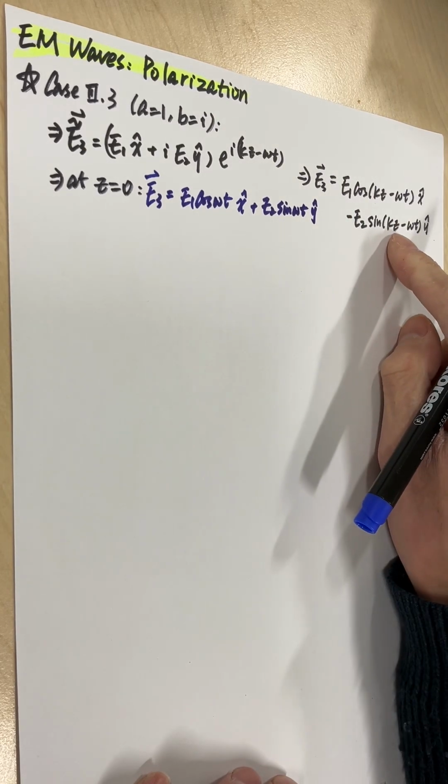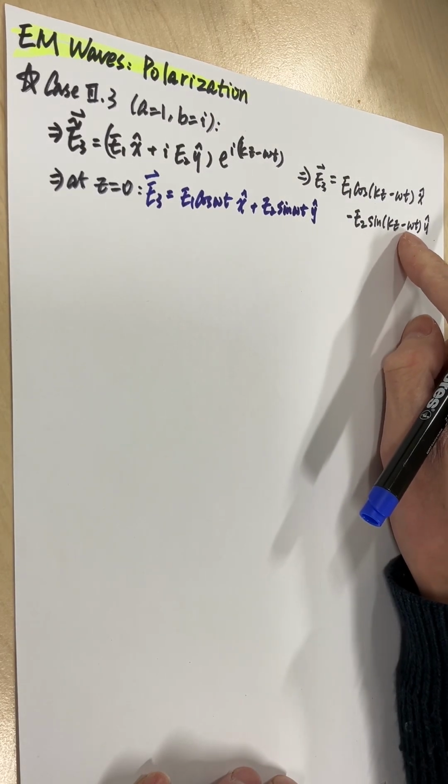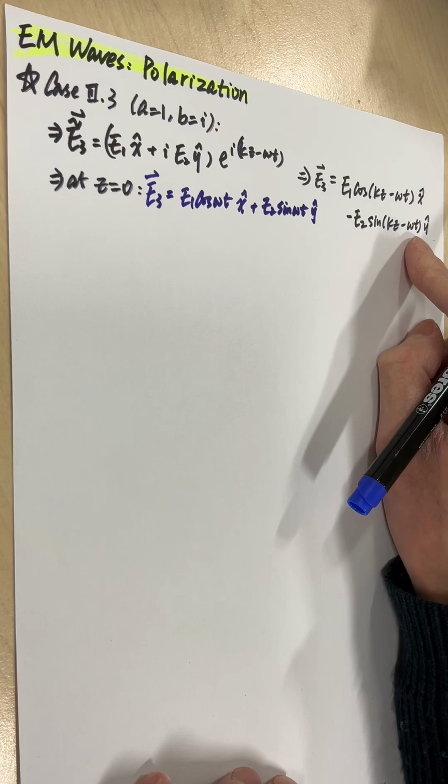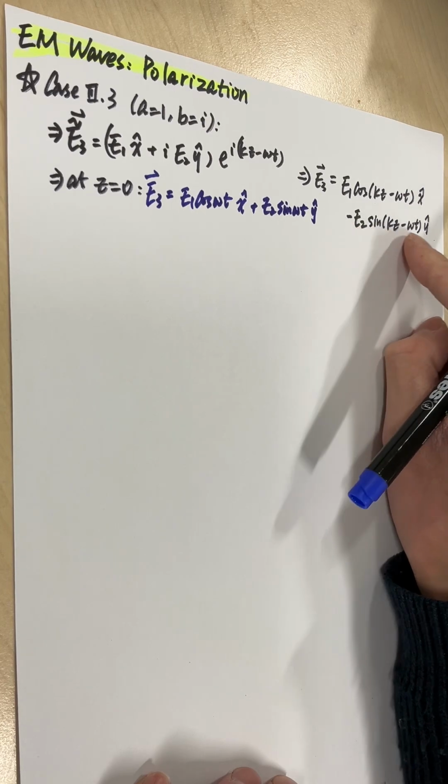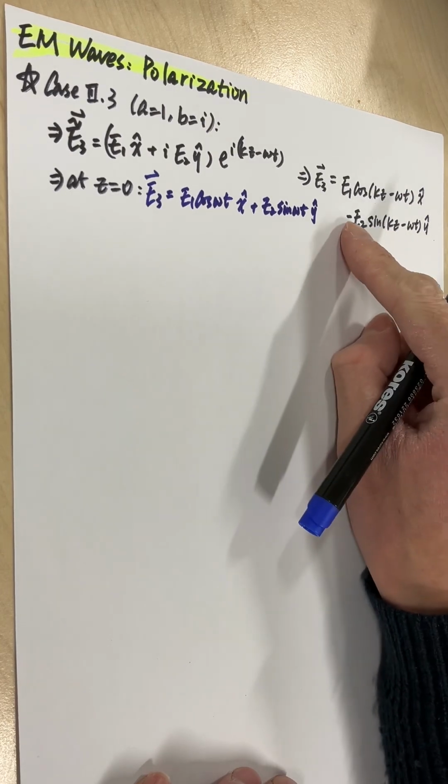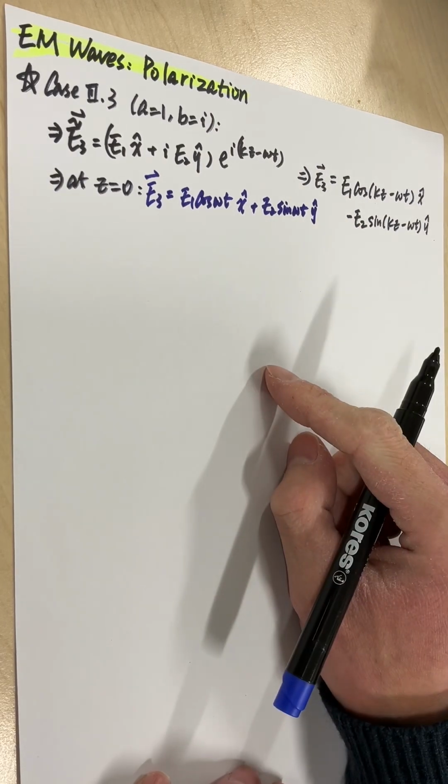So here z equal to 0, I have minus sine of minus the phase, which equals minus sine of the phase, and then here I have minus, so positive.